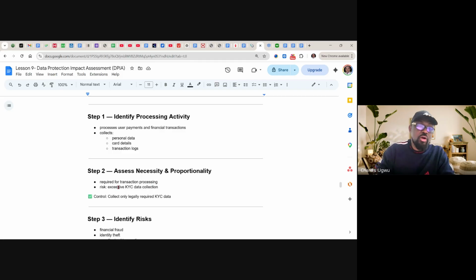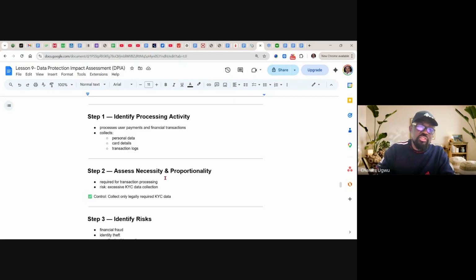But while we are continuing, we are now looking at how to protect the data we are collecting. The need is that we require this data for transaction processing. Then the risk here is excessive KYC data collection, and that is the proportionality.